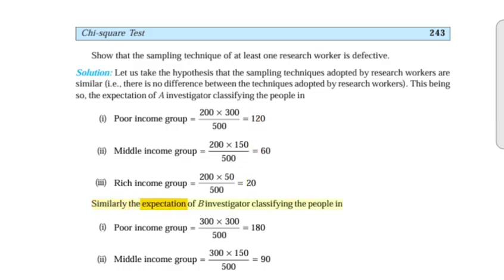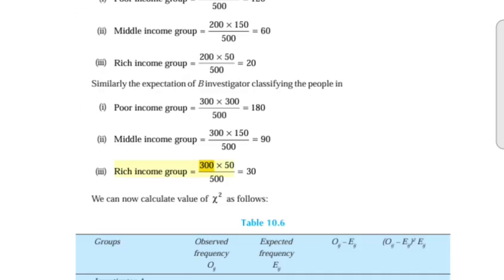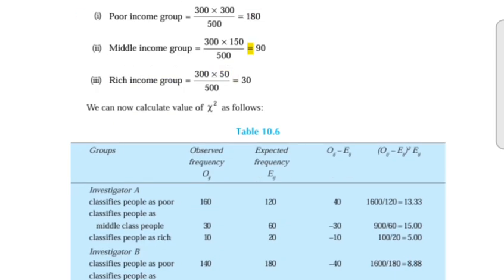Similarly, the expectation of investigator B classifying the people in the poor income group equals 300 times 300 over 500, middle income group equals 300 times 150 over 500, rich income group equals 300 times 50 over 500, that is 180, 90, 30.